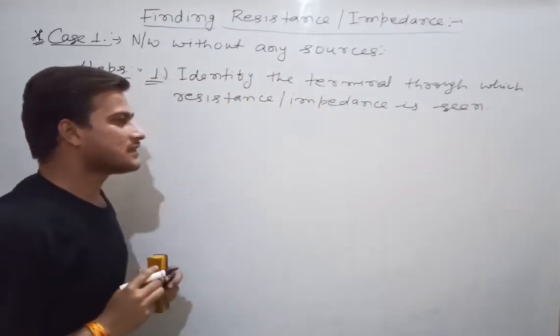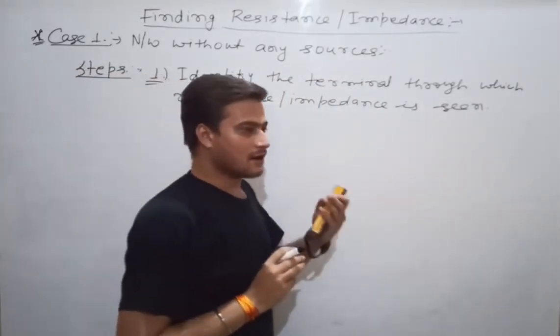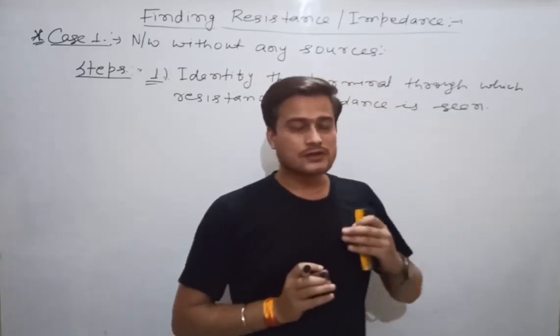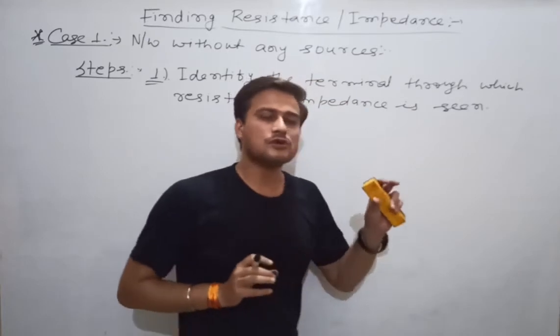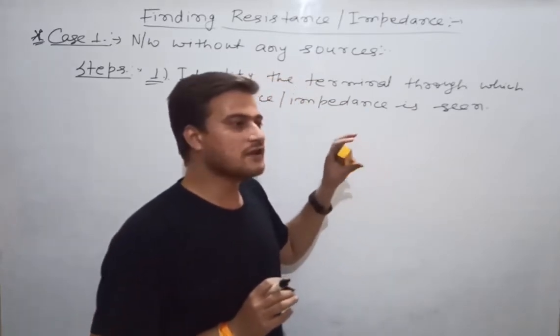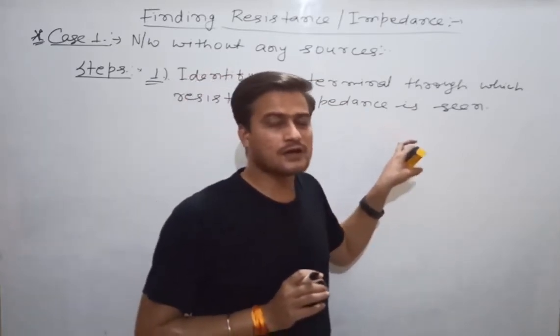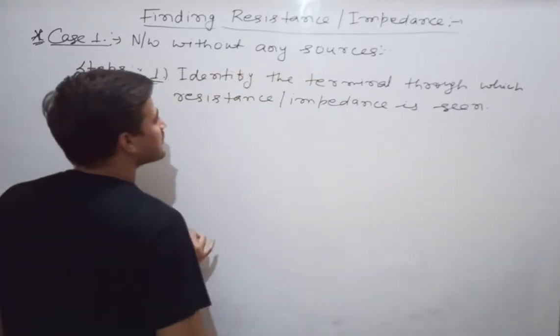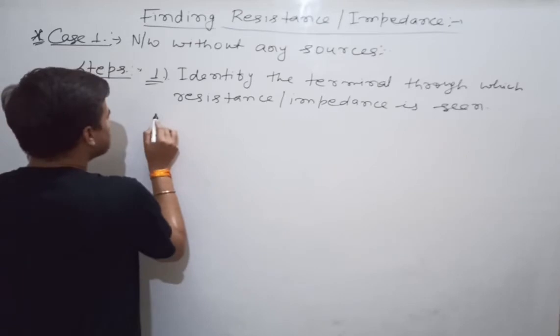That means in the first step you will have to identify the terminal. In the network there are many pairs of terminals. So in the question it will be given that you have to find the equivalent resistance seen from this pair of terminals. So you will have to identify the pair of terminals through which the resistance is to be seen.